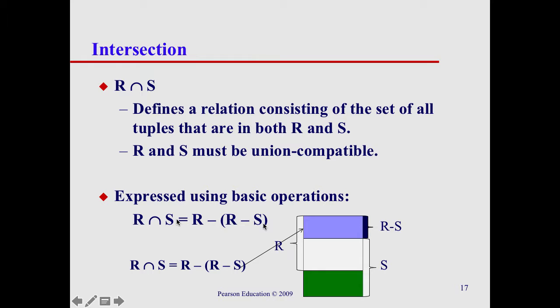The way you get it from set difference is you're doing R intersect S, you take R. Okay, so R is this right here, this white plus the blue, that's R. Then we're going to find everything that's in R but not in S, which is right there. So at the top in blue, that's everything that's in R but not in S. And finally, we subtract whatever is in R but not S from R, which must give us whatever is common to R and S.